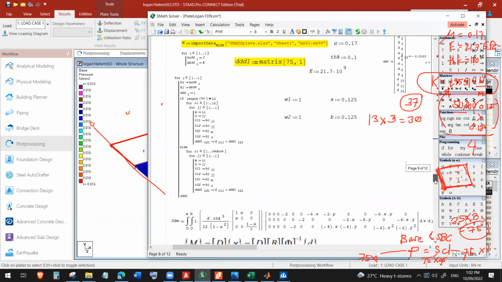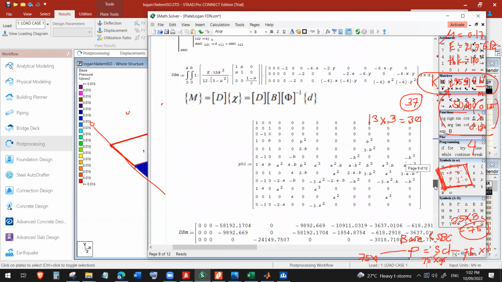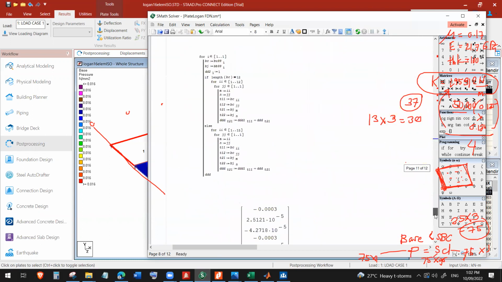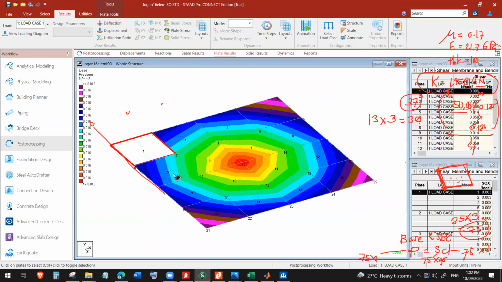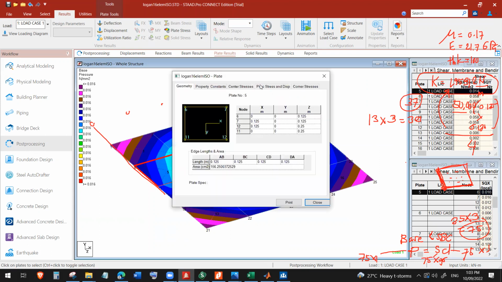How about the moment at plate number 5? Check that.